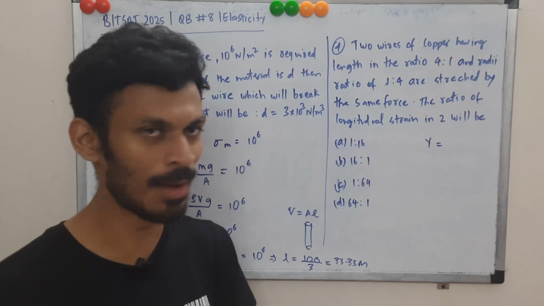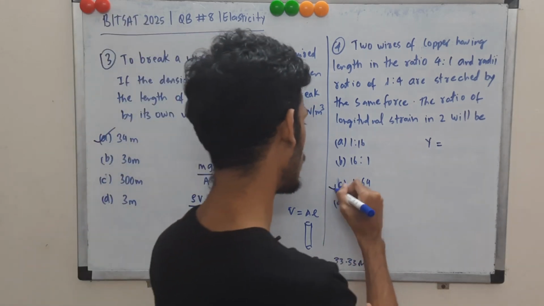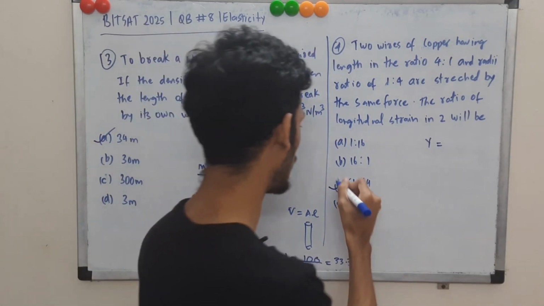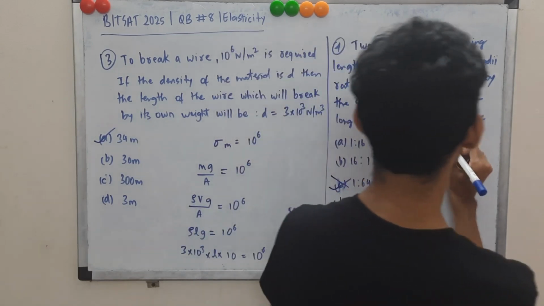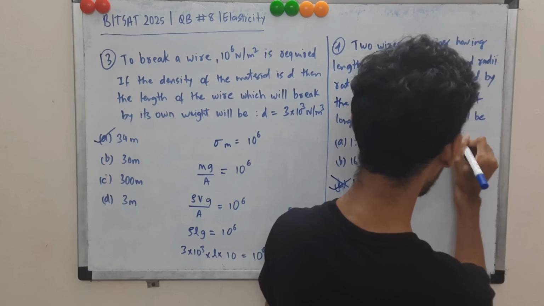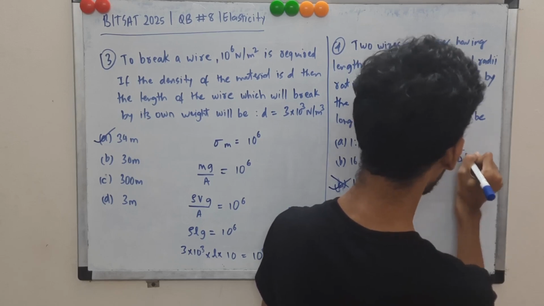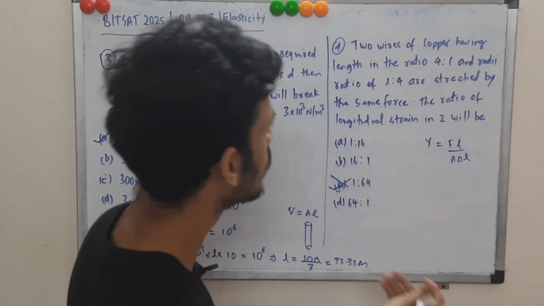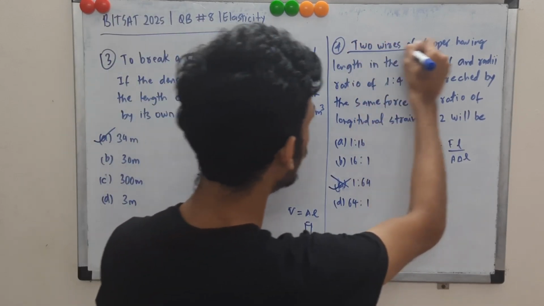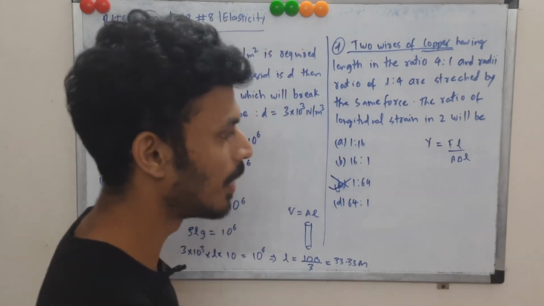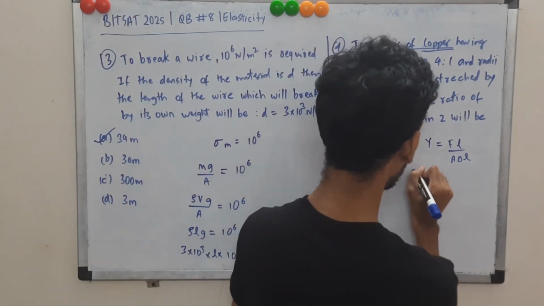Okay, 1, 2, 3, I'm revealing the answer. It's this one. If you get this one, it is absolutely incorrect. Let's see why. So here we'll see Young's modulus is F L by A delta L. Young's modulus will remain the same, right? Two wires of copper, so same material, same Young's modulus.